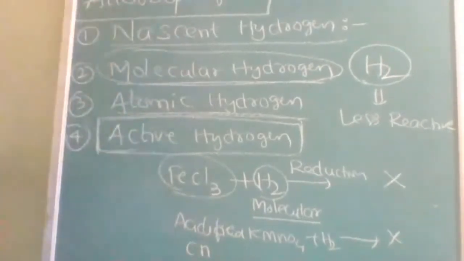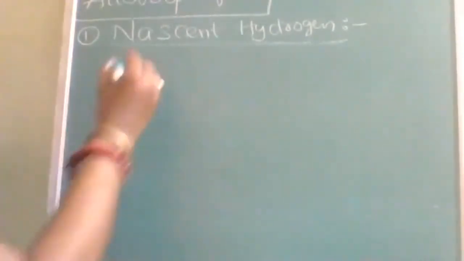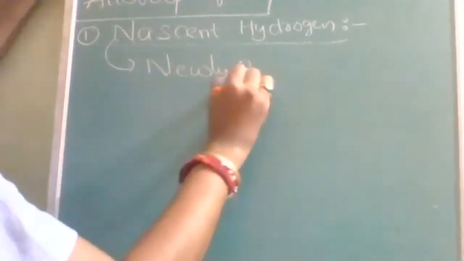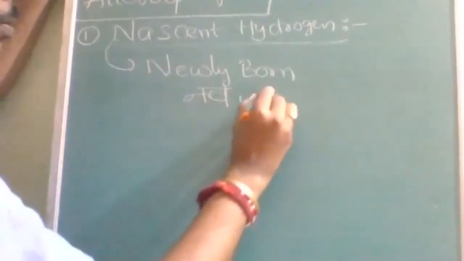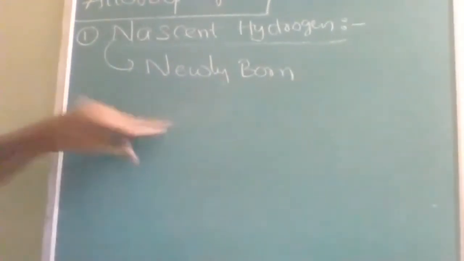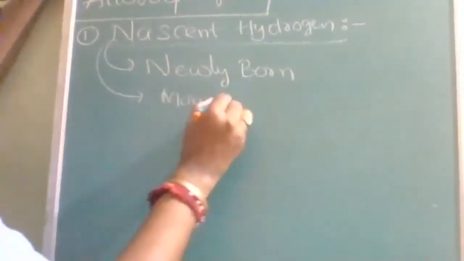Nascent means, the English meaning is newly born. Hindi meaning is navjat. That means newly born hydrogen is called nascent hydrogen, at the moment of generation.